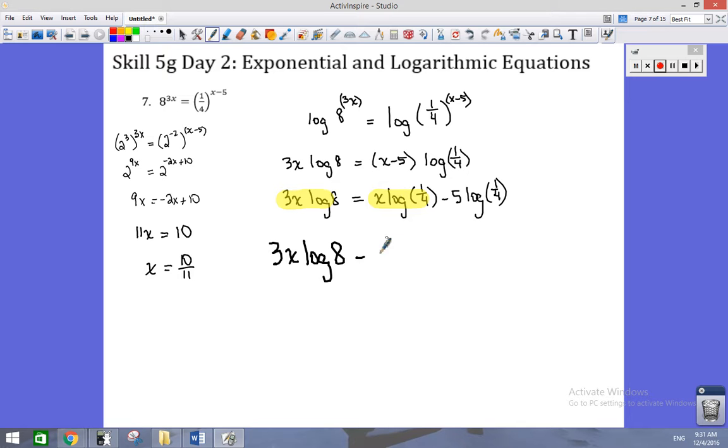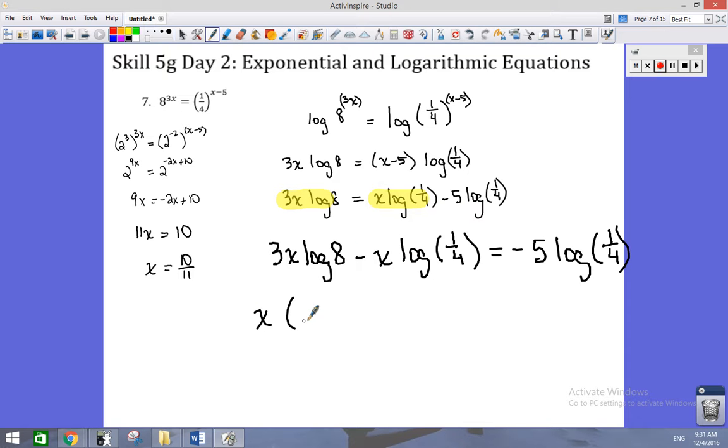I'm going to subtract x log of 1/4, and that equals negative 5 log of 1/4. So on the left hand side, these two terms both have the variable x. I can factor out an x.